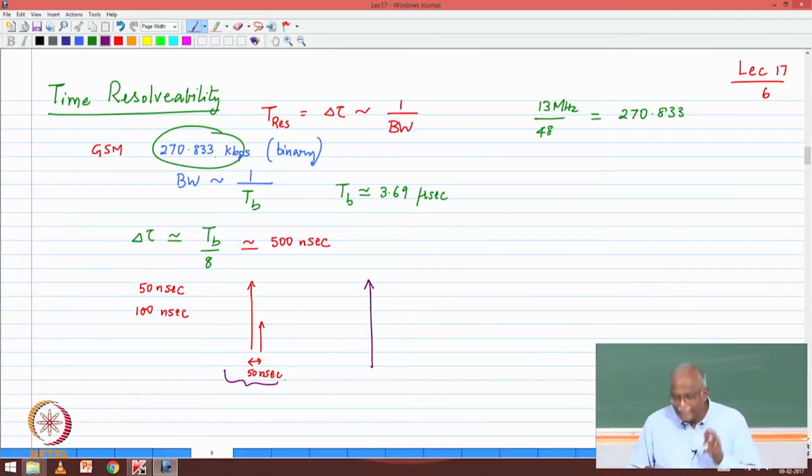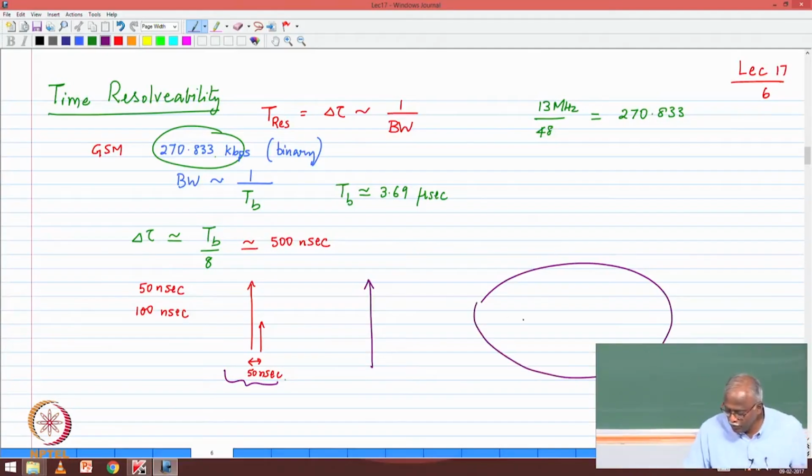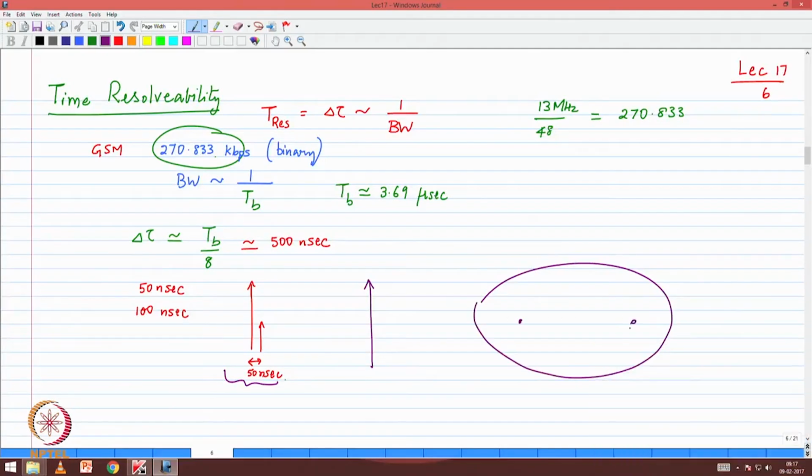Now comes another very, very important principle, this notion of which paths arrive at the same time. There again we go back to our analytical geometry, which says that if I have an ellipse with foci A and B, the straight line path between A and B has the same distance as something like this or something like this.